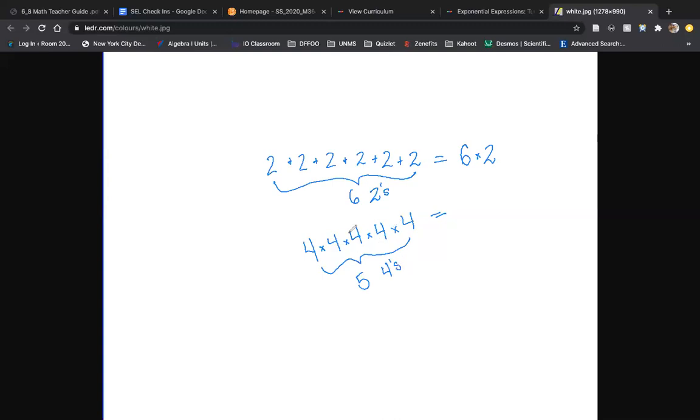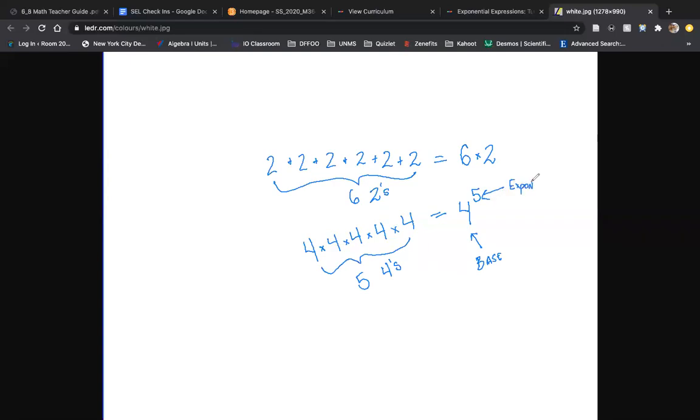So if I wanted to re-express this with exponents, the number of times I'm multiplying 4 is 5 times. So this expression here is equal to 4 to the power of 5, or 4 to the 5th power. And like I said on this slide, this number in the bottom is called the base. This number right here is called your exponent, right?